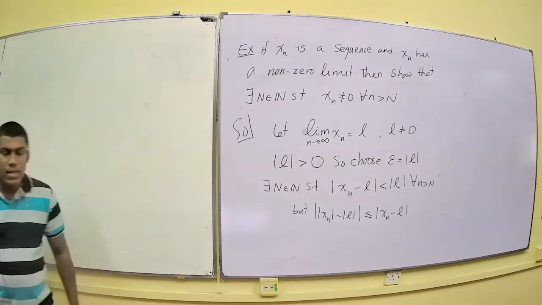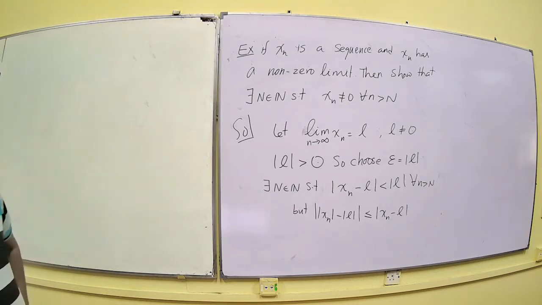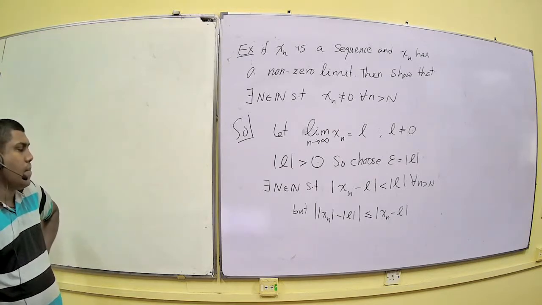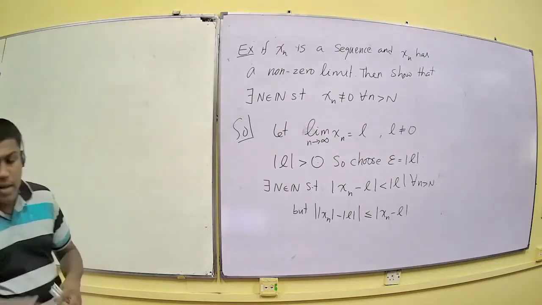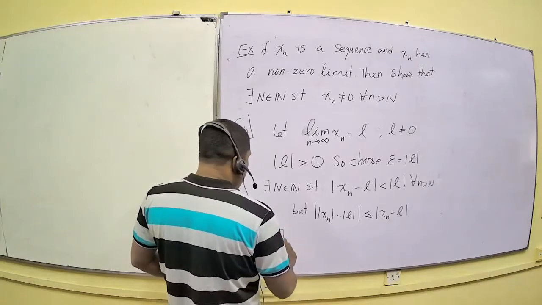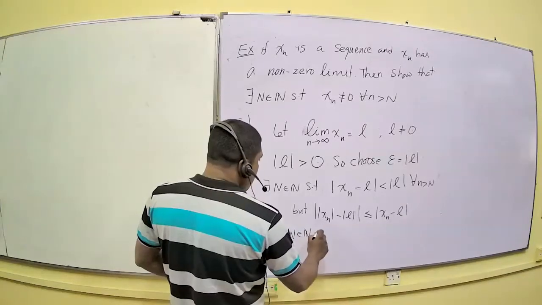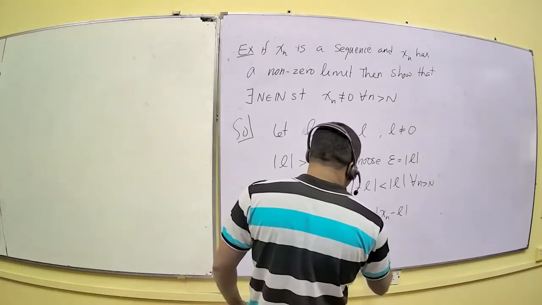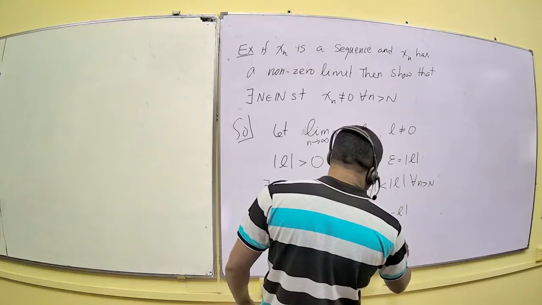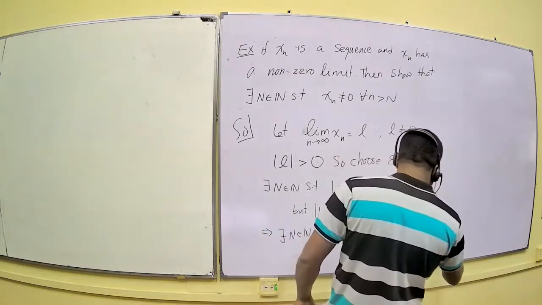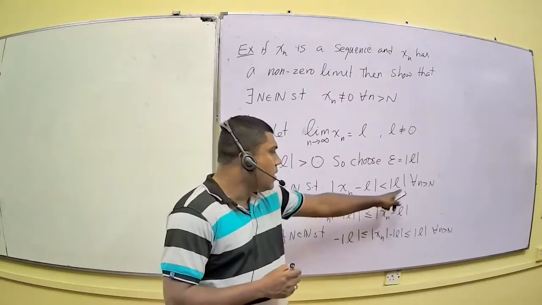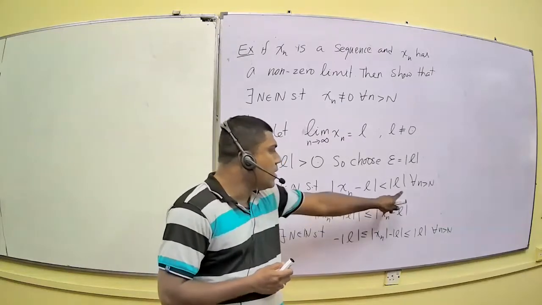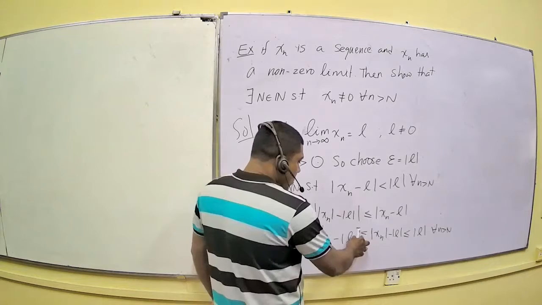Because you studied, as a consequence of the triangle inequality, that the absolute value of the quantity absolute value of xn minus absolute value of L is less than or equal to the absolute value of xn minus L. So this gives us that minus the absolute value of L is less than or equal to absolute value of xn minus absolute value of L, less than or equal to the absolute value of L for all n bigger than N. Because this is less than the absolute value of xn minus L, and that is less than the absolute value of L, this quantity is strictly less than the absolute value of L, not less or equal.